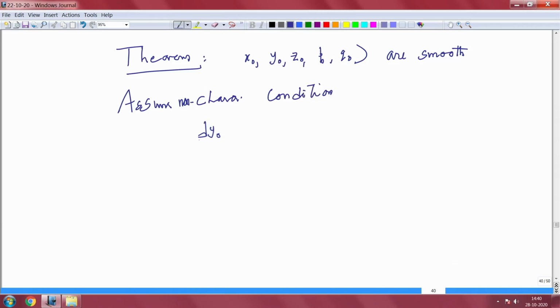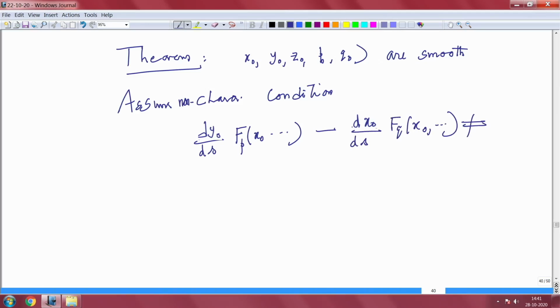dy naught by ds. Instead of a, as in the Cauchy linear case, you have fp, evaluated at x naught, etc., minus dx naught by ds into fq at x naught, etc. This should be non-zero.